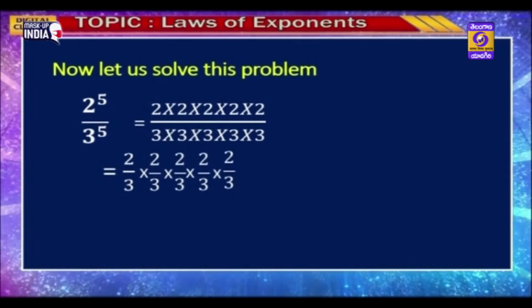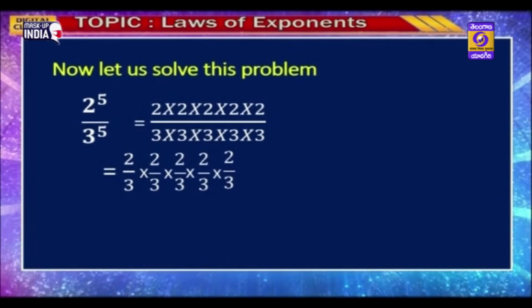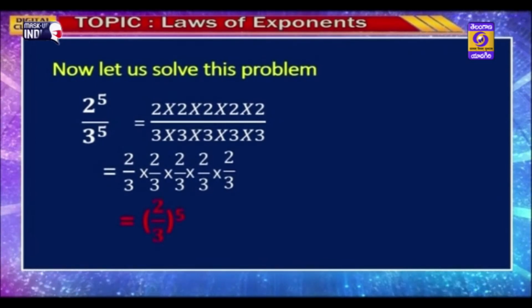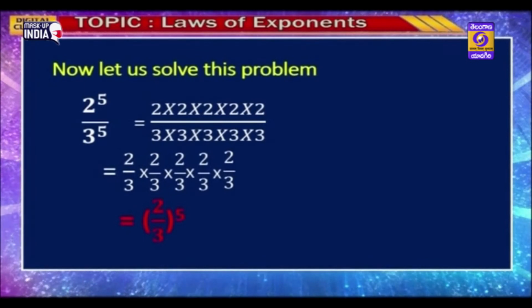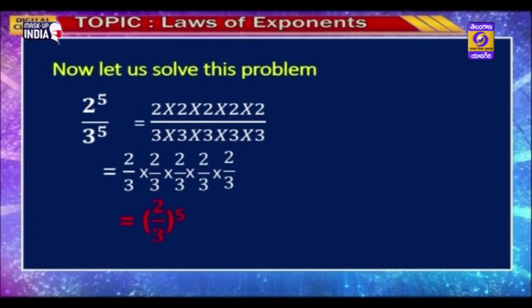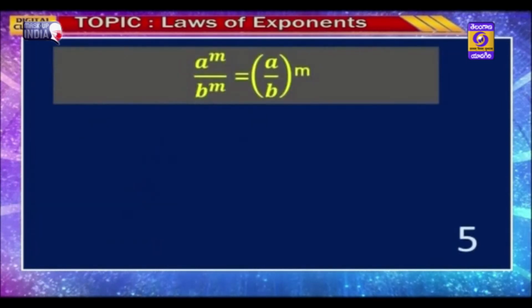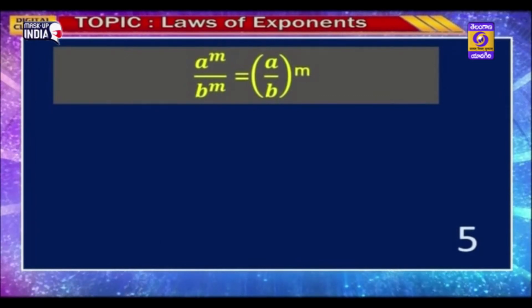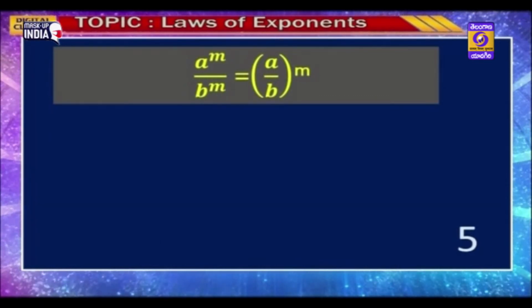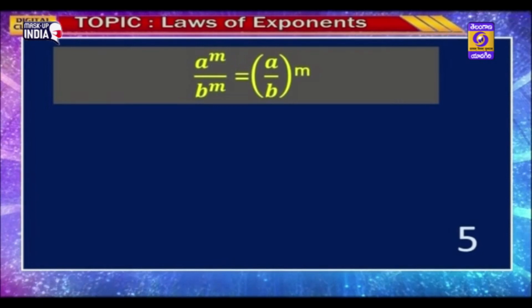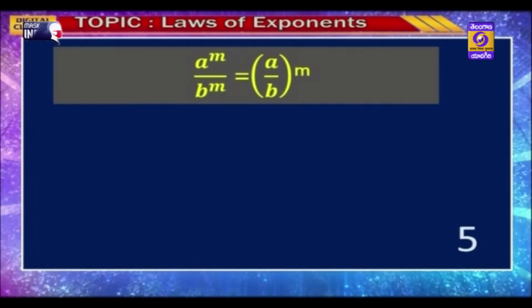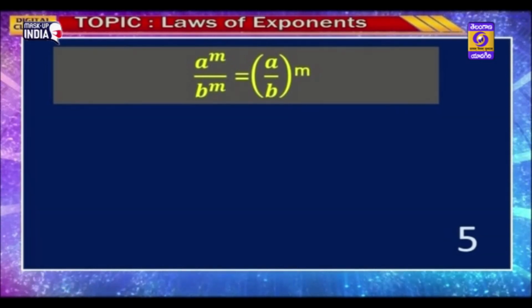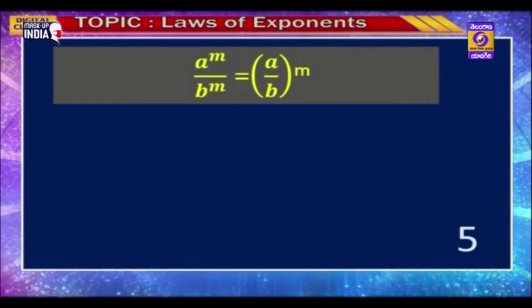There are 5 2 by 3's. So this one you can write like 2 by 3 whole to the power of 5. So here in this problem, when the bases are different and the powers are equal, when division is there in between them, you can put a bracket and you can put one exponent.